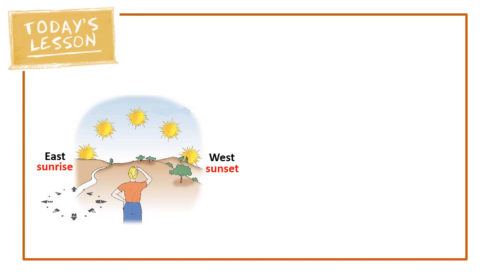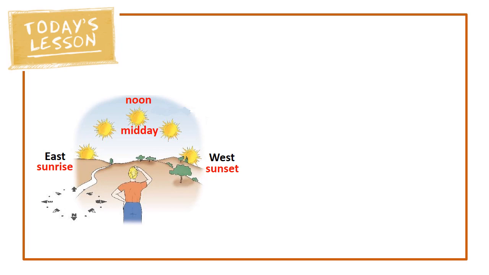How about at the middle, where the sun is at its highest position? What time of the day is it? We call it noon or midday. Do you remember our explanation about lesson 3.2, shadows outside?